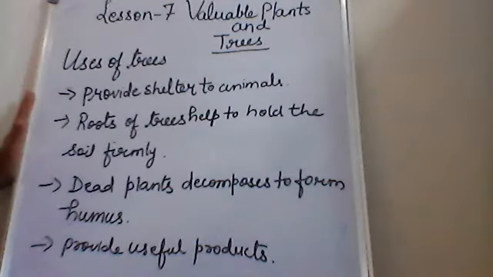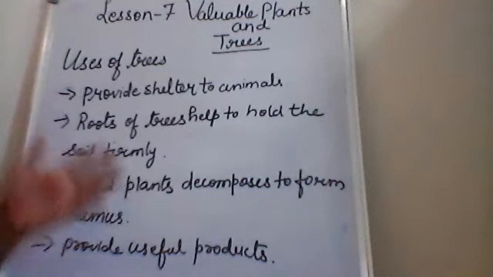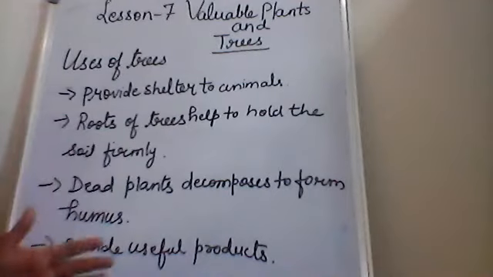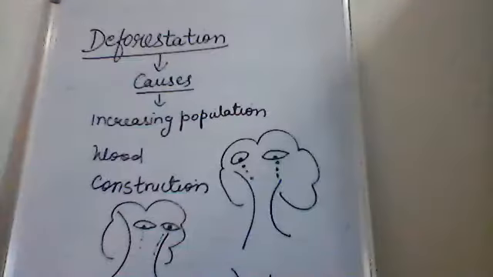Now let us understand something about what is deforestation. Deforestation means the process of cutting down trees is called deforestation. Now students, as I told you, deforestation means the process of cutting down trees.